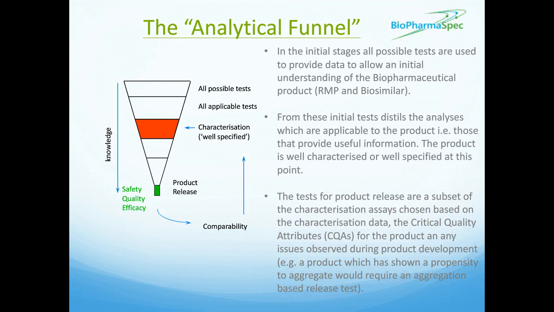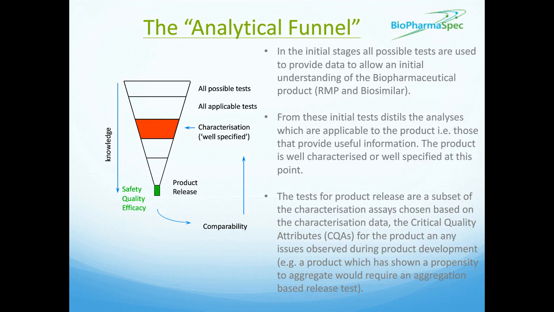And then from there, you can distill out which actual tests give good or characteristic data to help you with your definitions of your critical quality attributes. And gradually, as time goes on, you whittle this down into fewer and fewer techniques which you have qualified and validated until you get down to the product release, which is obviously under GMP regulations, which is separate from the characterization side of things.